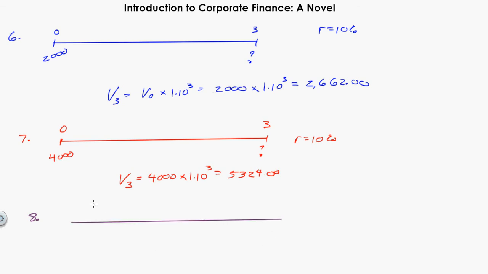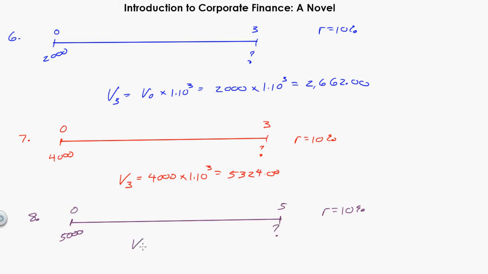And it says we're going to deposit $5,000 today into an account, and it's going to earn 10%, so the interest rate is still 10%, and we're going to see how much it is worth in 5 years. So that's the question. What's it going to be worth at year 5?